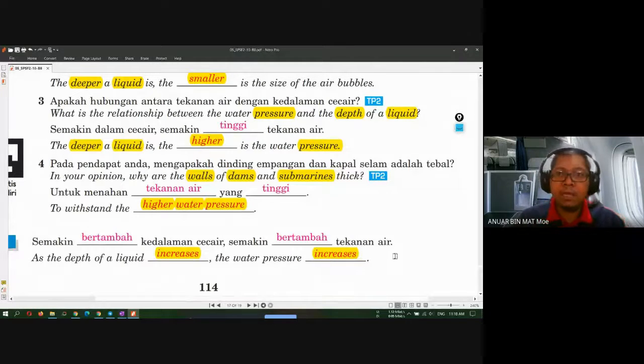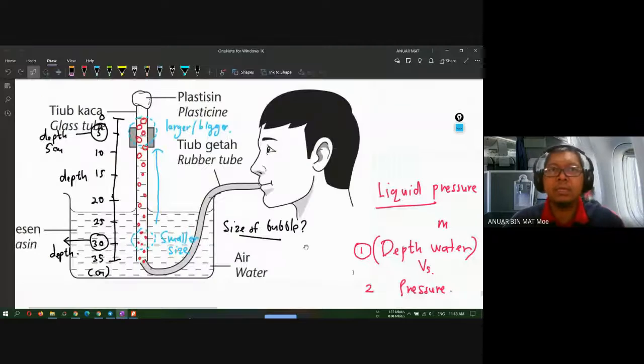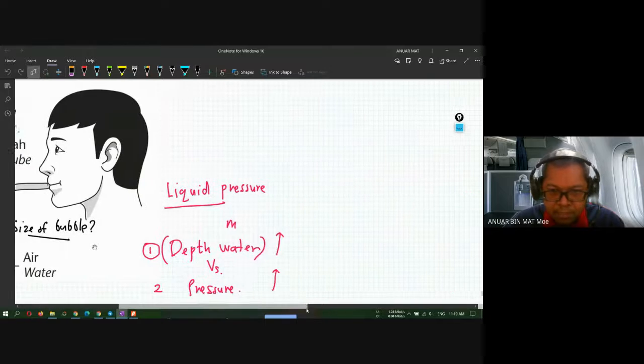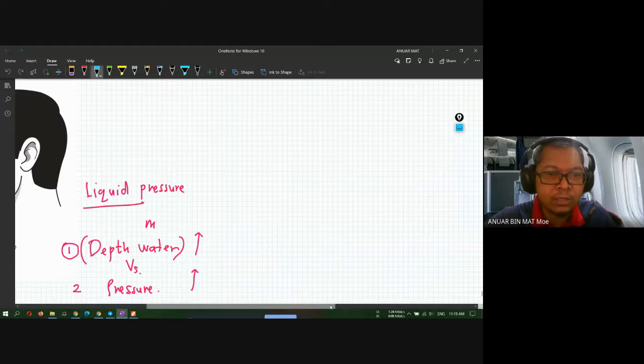But please remember, when it comes to the atmospheric pressure, it is different. Atmospheric pressure, as you go higher, what happens to the air pressure? If on the plane, if on the mountain, you still remember? This is liquid pressure, right? If you can see my presentation right now, liquid pressure: the depth of water increases, the pressure increases.